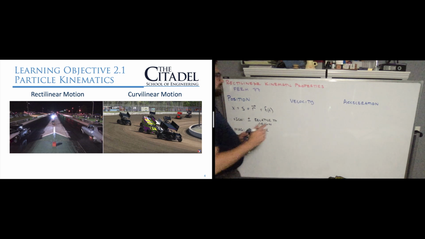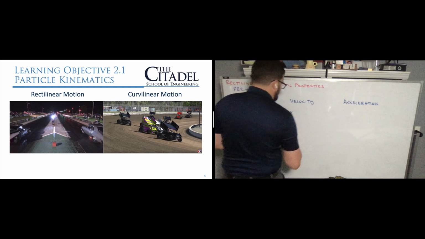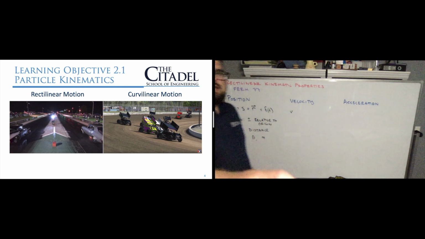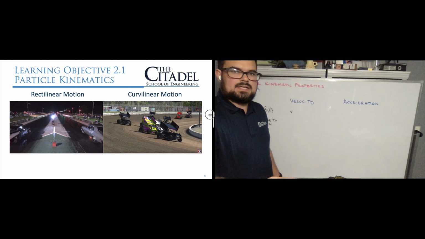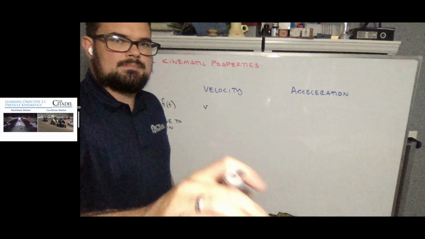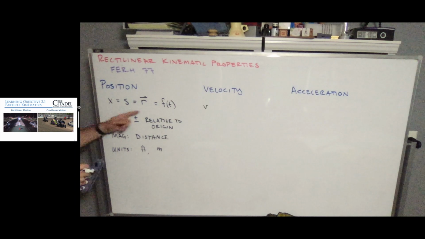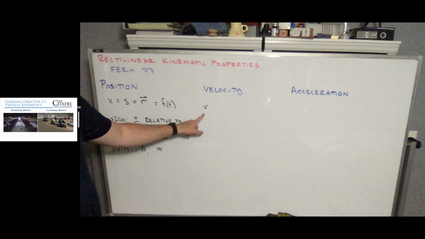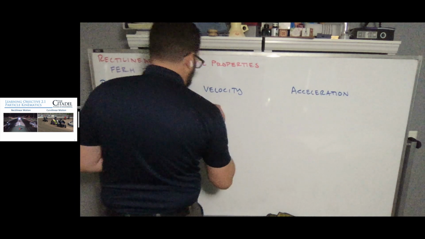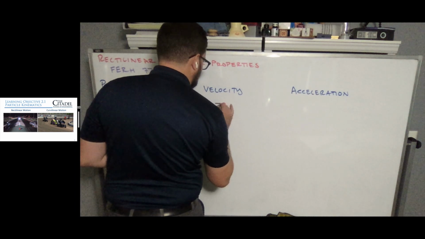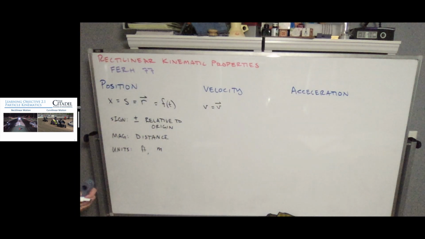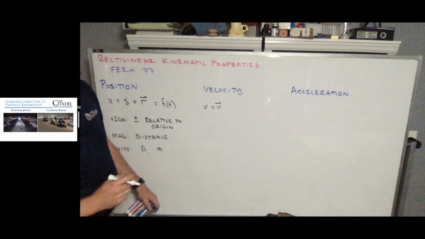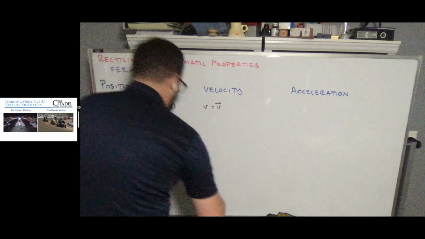Now velocity, we're going to use the symbol V, and that's how I draw my V's. So you can see we got position X, S, and R, and then velocity V going on there. Now, the velocity, in rectilinear motion, we can think of it as a scalar, but really it is a vector, and this is going to have a sign as well.